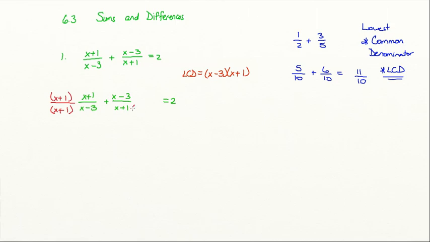Second fraction, I need to have an x minus 3 at the bottom, which means I have to multiply the top by x minus 3. So now I have x plus 1 times x plus 1 plus x minus 3 times x minus 3. And we can do that because my denominators are the same.